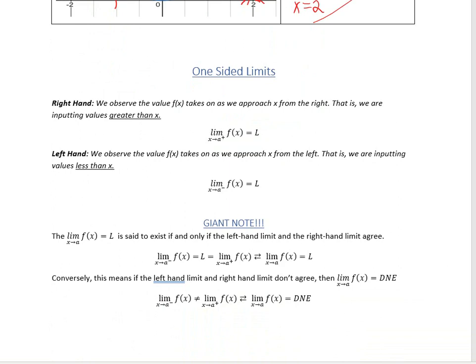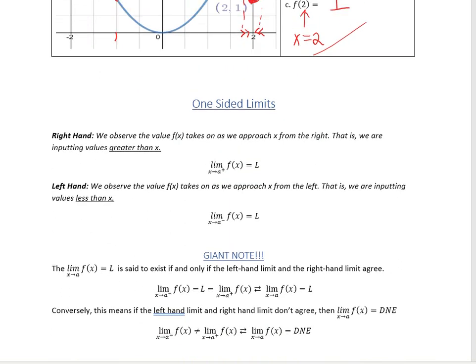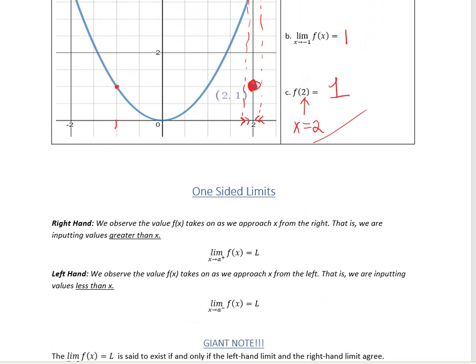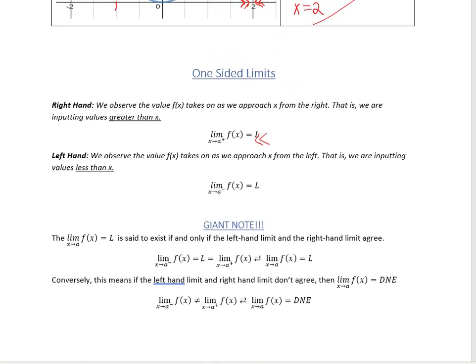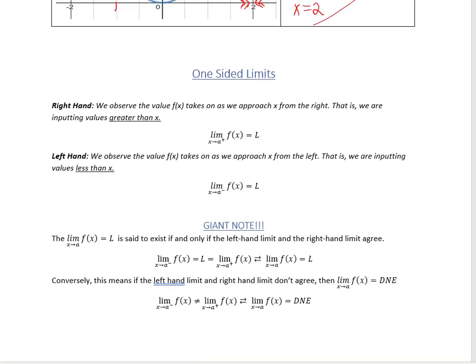Now the other thing is that sometimes we only look at limits from one side or the other. So right here we've been looking at it as it comes from the left side, and as it comes from the right side. To denote that we're looking at only a specific side, we have two different kinds of limits. We have something called a right-hand limit, and that's when we look at the value our function takes on as our x approaches from the right-hand side.